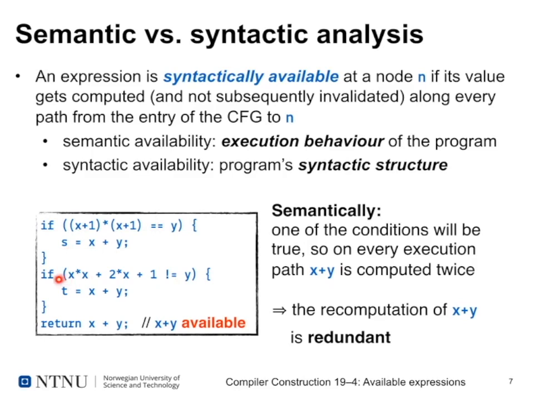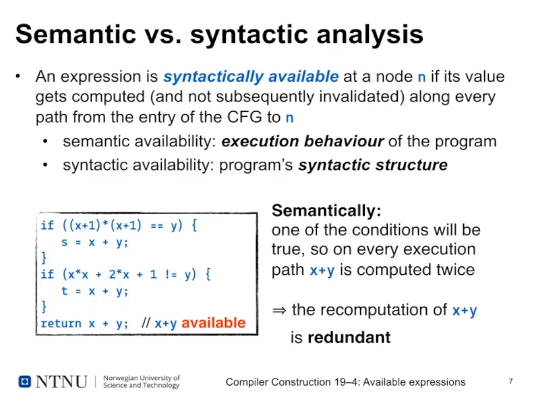On the other hand, we calculate that one here, and of course you know from your basic mathematics education that the expression here is the same as the expression down here. We're not considering any overflows of variables or anything like this at the moment. Now if this expression is not equal to y, we're assigning x plus y to something else, and then after both if expressions, we are returning x plus y.